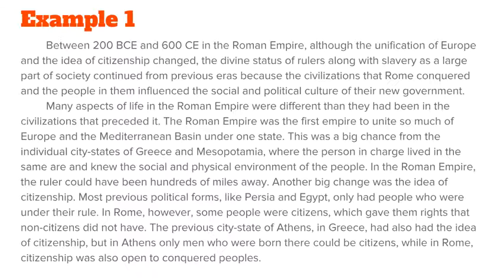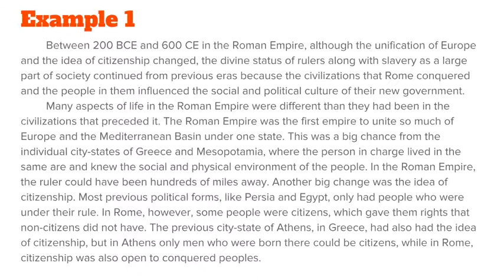So here we go. Between 200 BCE and 600 CE in the Roman Empire, although the unification of Europe and the idea of citizenship changed, the divine status of rulers, along with slavery as a large part of society, continued from previous eras because the civilizations that Rome conquered and the people in them influenced the social and political culture of their new government.